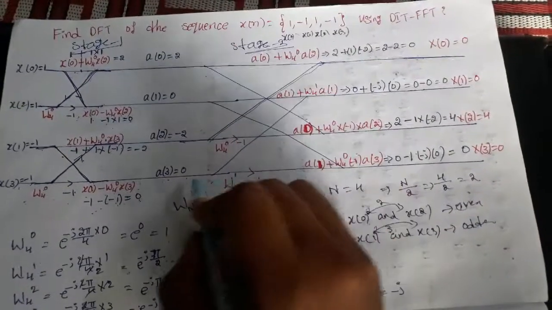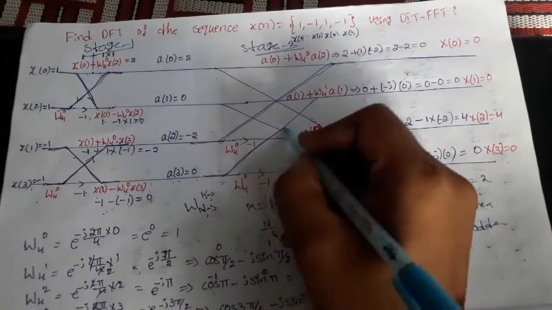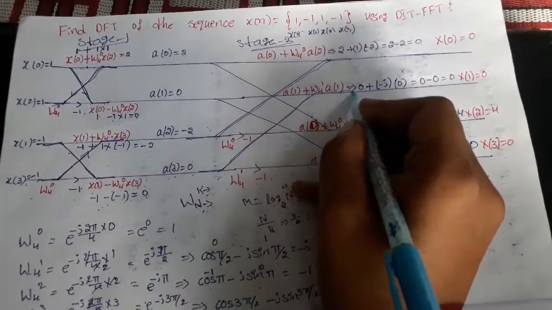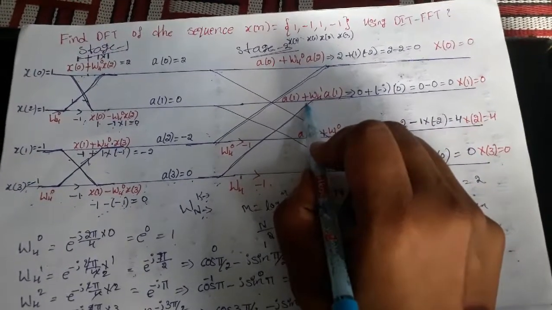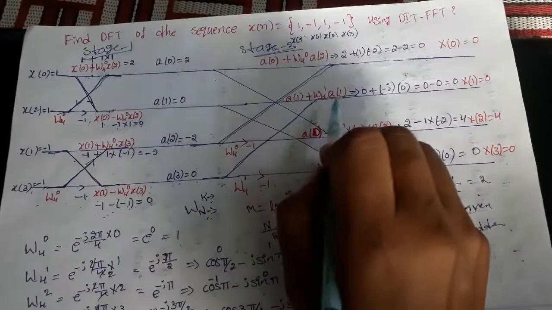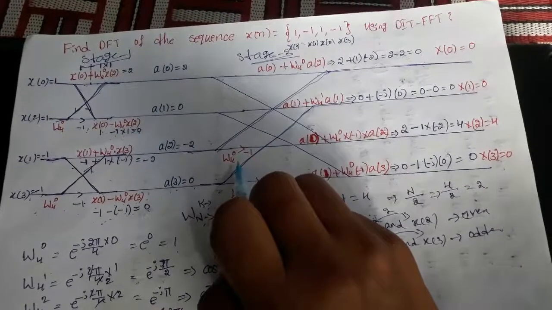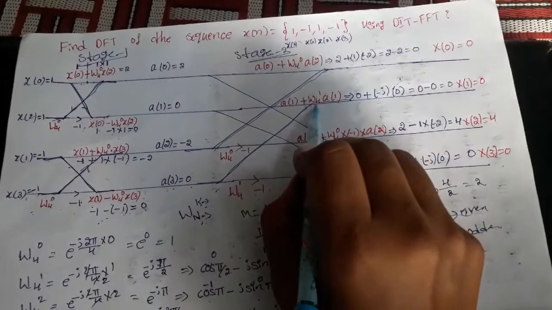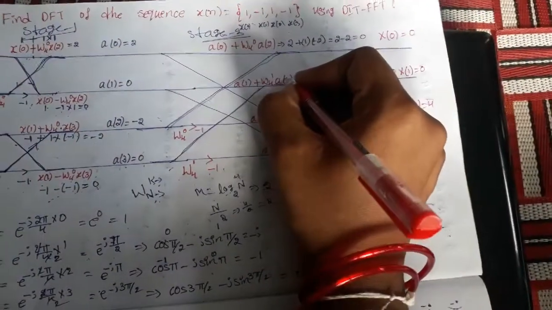Next, here flows in this. So the formula is a of 1 plus W4 to the power of 1 into a of 3.